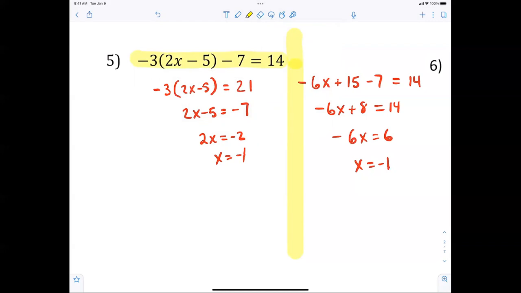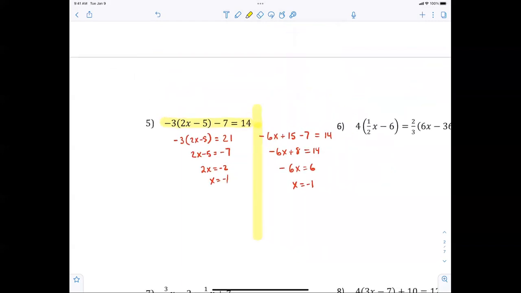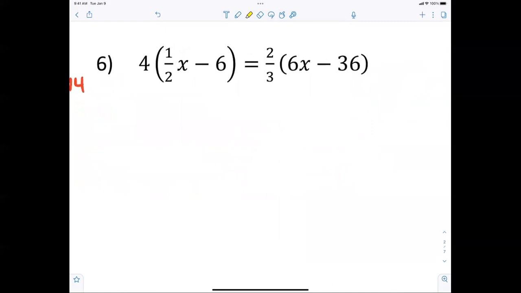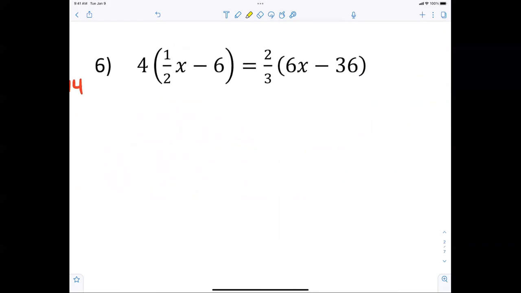Okay. So now let's just go down the page a little bit. Well, no, let's do 6 because we got some fractions. Go ahead. Do you have a question? Okay. So now, question number 6. I'm gonna let Sophia do it. Sophia, tell me what to do on number 6.